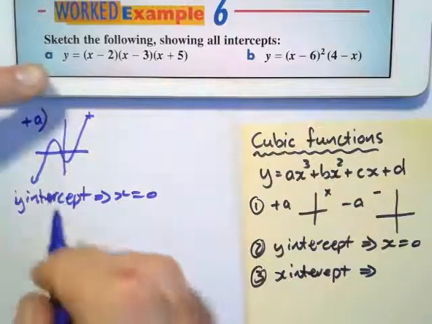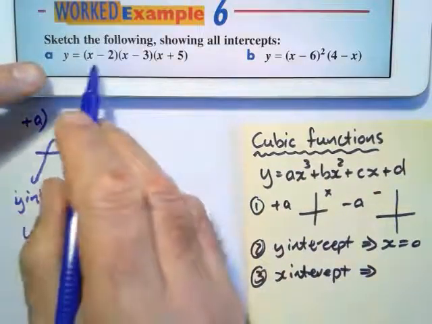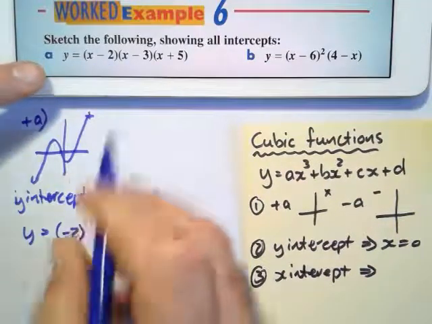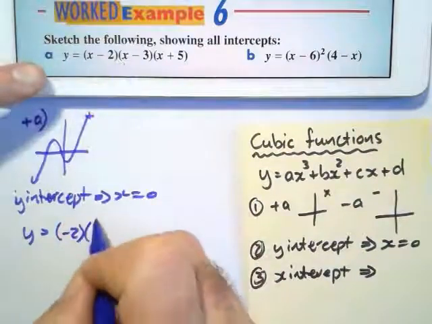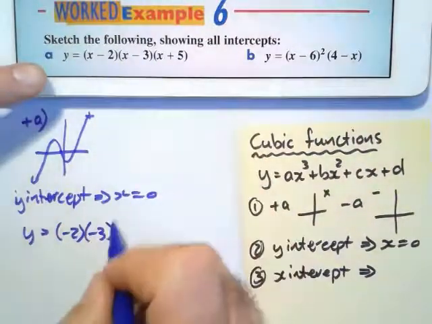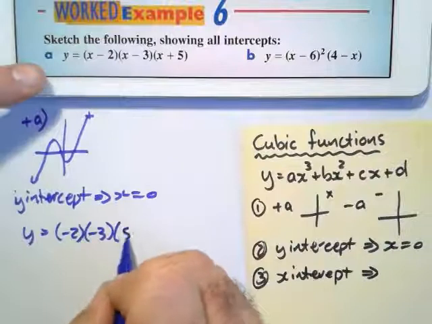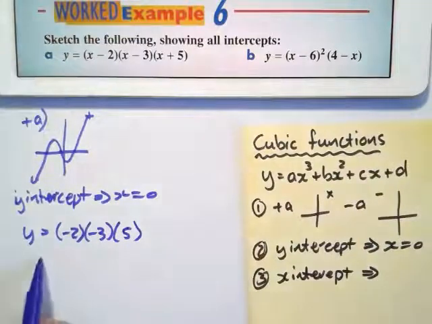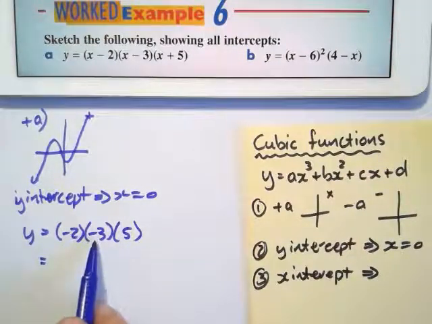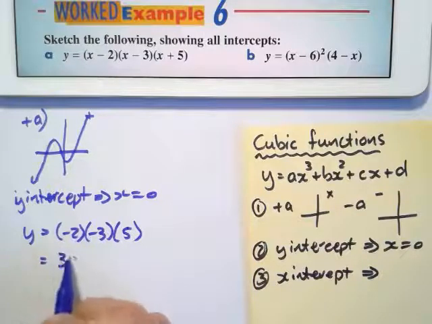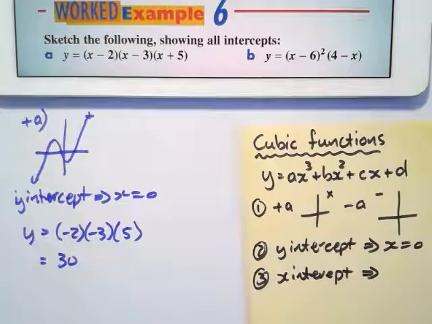So if x is 0, then y equals 0 take away 2, which is minus 2, times 0 take away 3, which is minus 3, times 0 plus 5, which is 5. All I do is say negative 2 times negative 3 is positive 6, negative times negative is positive, and 6 times 5 is 30.